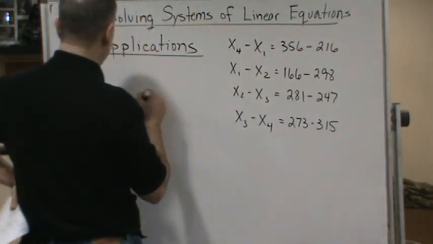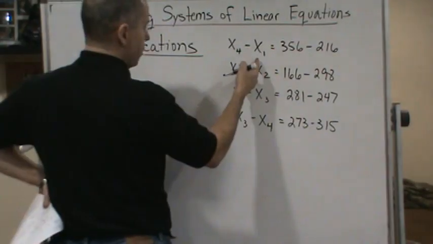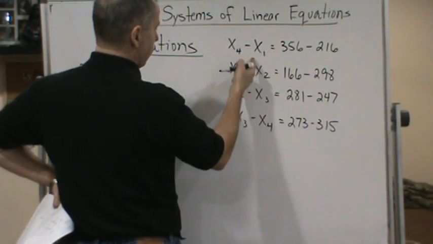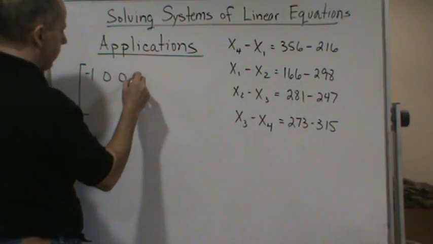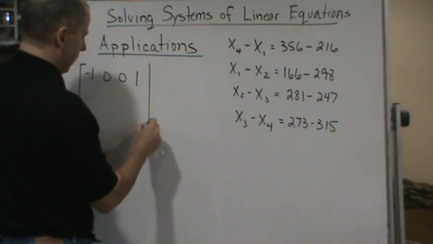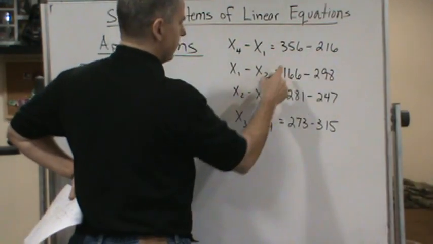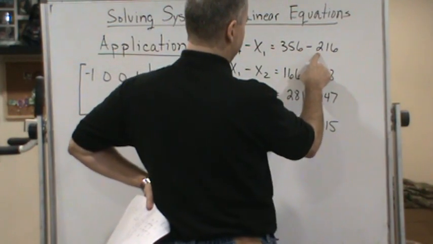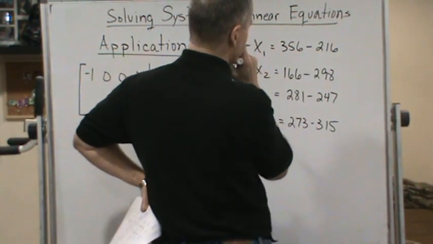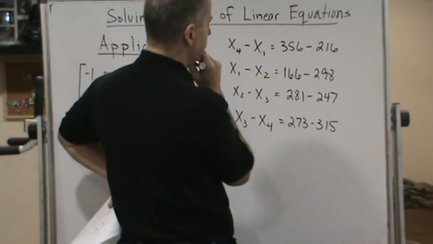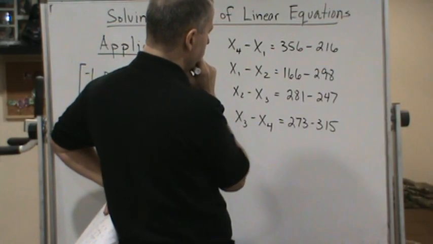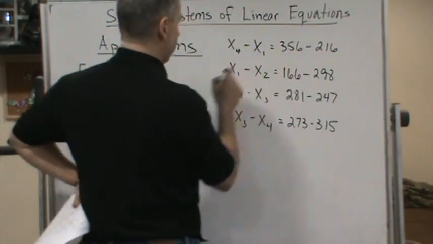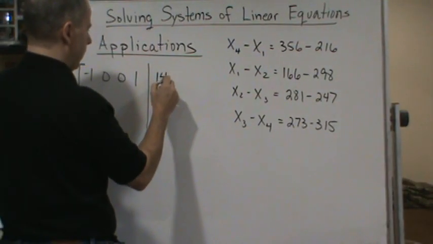So X1 would be first. So in this case, there's no x2 or x3, so it's going to be -1, 0, 0, 1. And then what's this? This is going to be what? 140, right? So this is going to be 140.